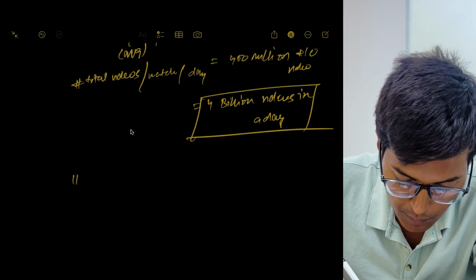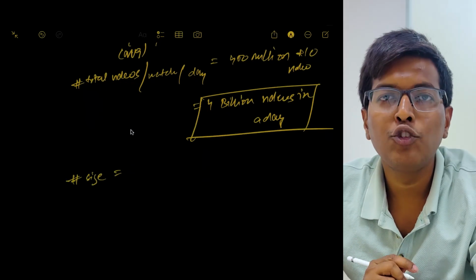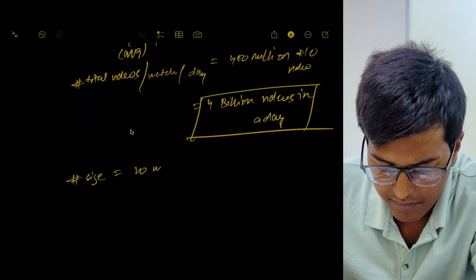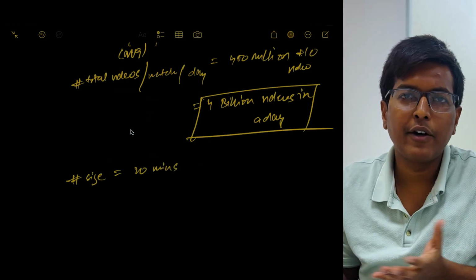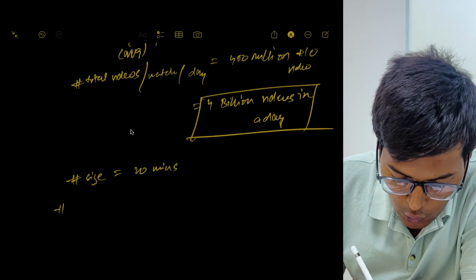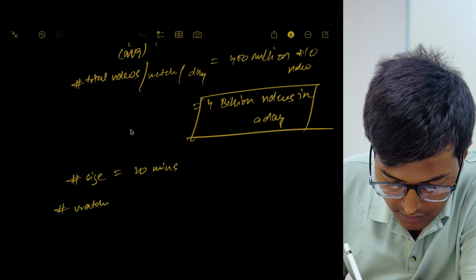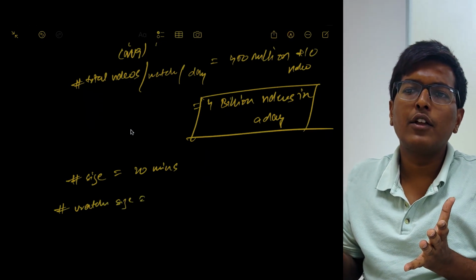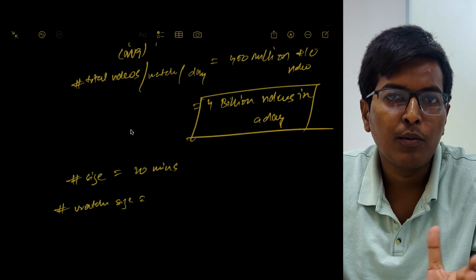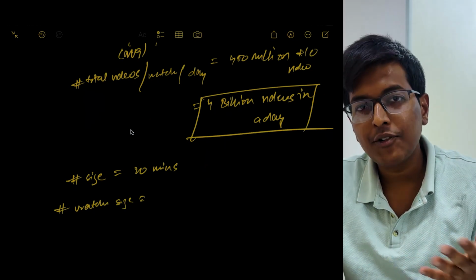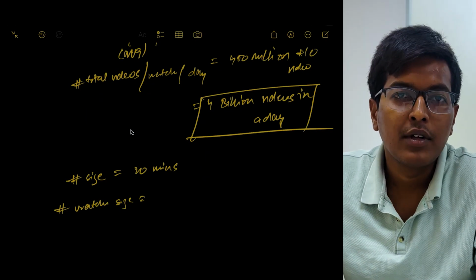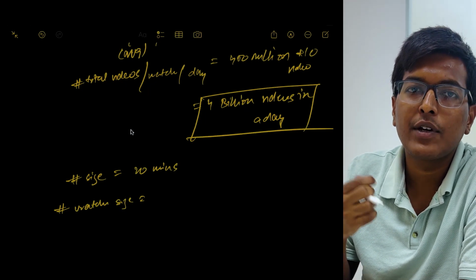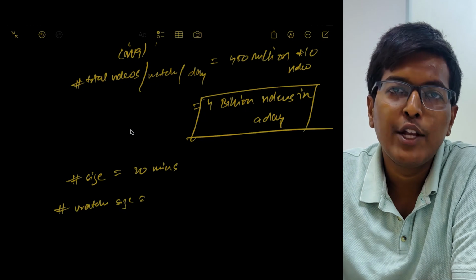Now, what do you think will be the size of each video? Let's say each video is roughly 20 minutes long. What do you think will be the watch size? What I mean by watch size is, not everyone watches the complete video on YouTube. For example, some of you who started watching this video might have dropped by now. YouTube is a platform which shows a lot of thumbnails, a lot of content which appears appealing to you, and you leave the video in between, right?